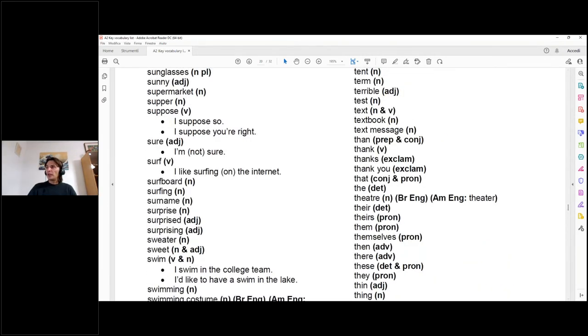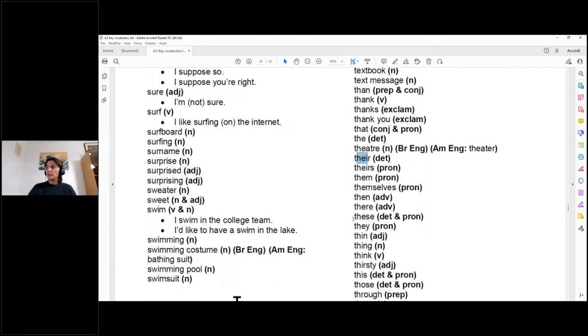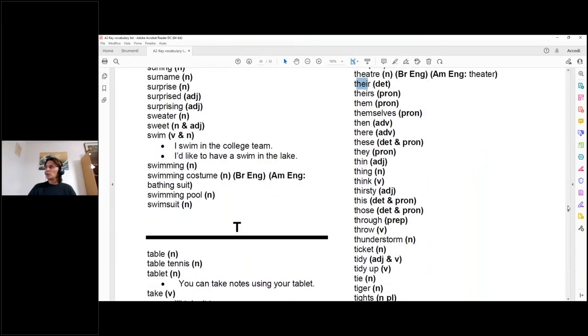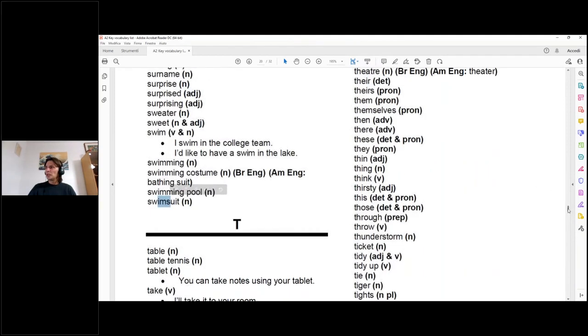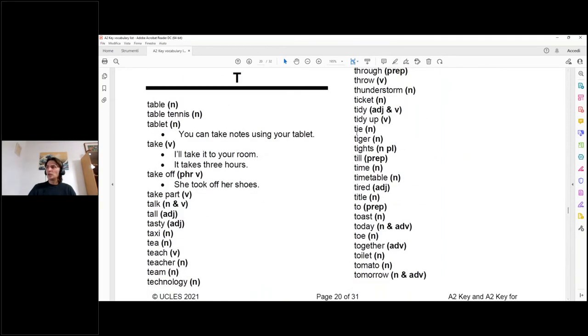Somewhere, yeah, I think we did theater, theirs, American English, theater. I think that we looked at this part as well. Swimsuit, I think that we looked at the S as well.